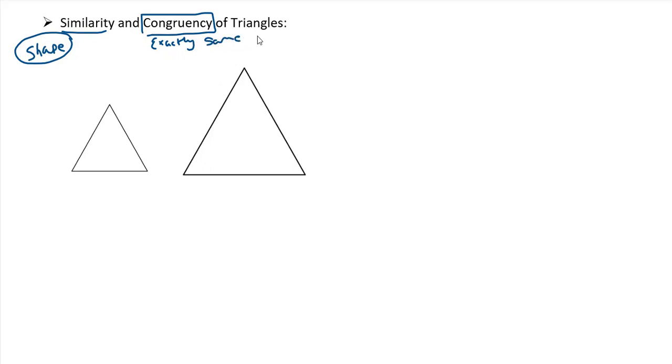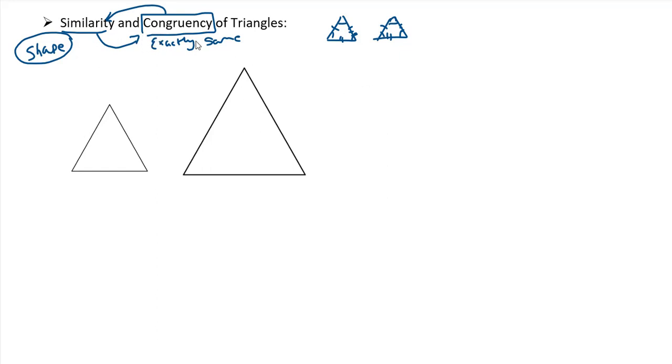Means all the three sides of the triangle will be of equal length. All the three angles will also be equal. If this condition is satisfied, then the two triangles are said to be congruent. Now note, two congruent triangles will always be similar, but two similar triangles may not necessarily be congruent.